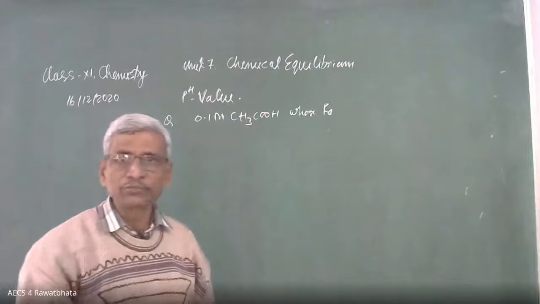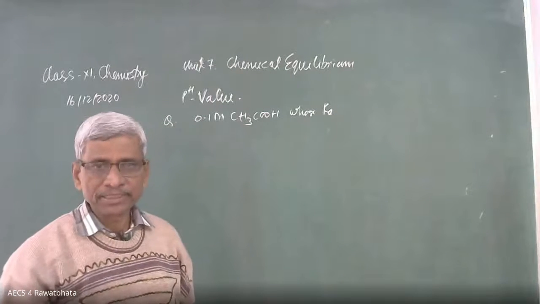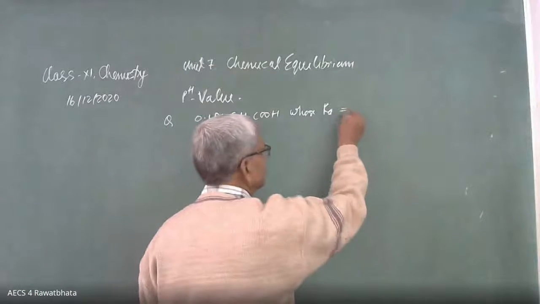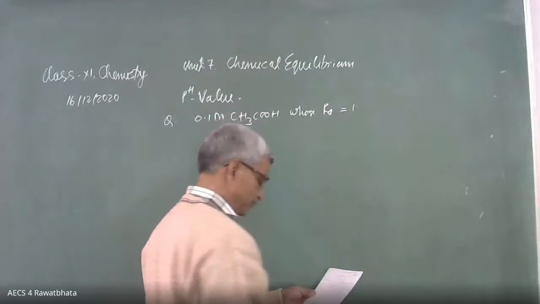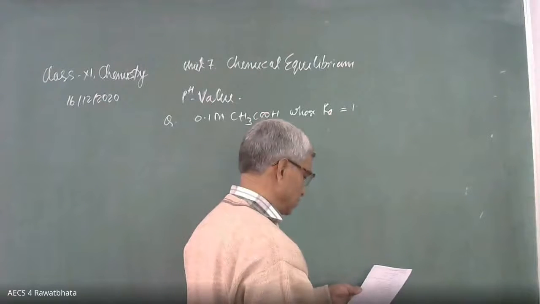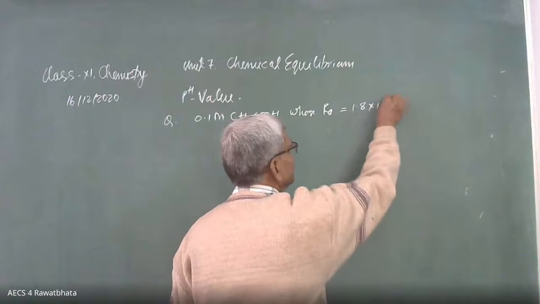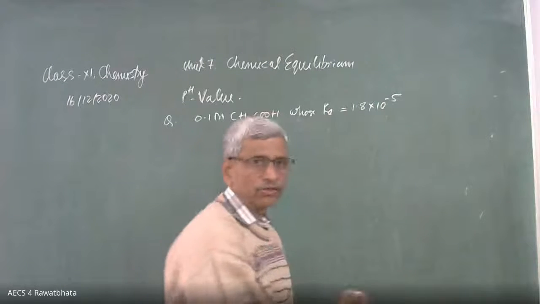It is an acid, that's why Ka. If it is a base, then we have to write Kb. Ka is equal to 1.8 into 10 raised to power minus 5. No unit, it is the equilibrium constant.